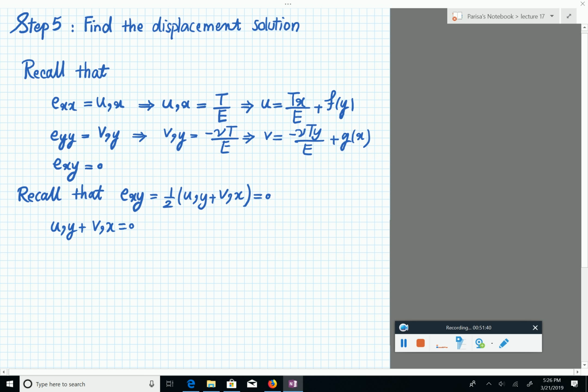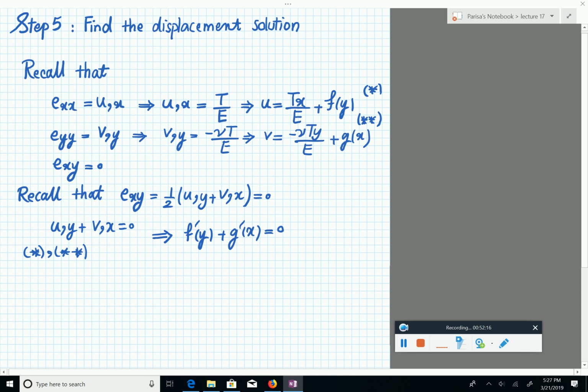And if that's the case, now we know u and v, the general formulation. What can you say? f prime of y plus g prime of x equal to 0.